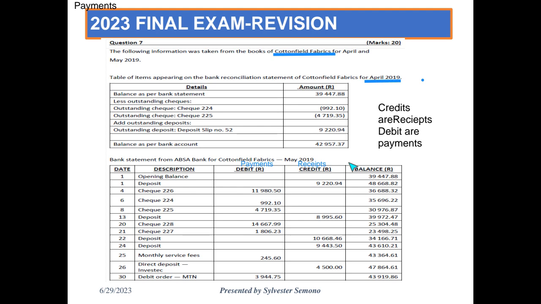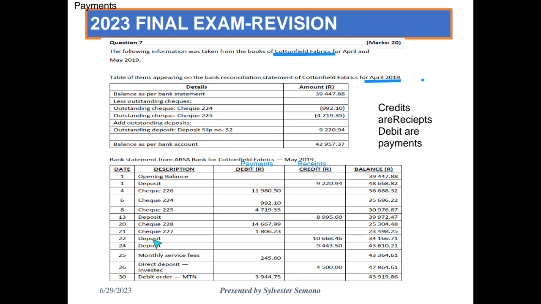Firstly, we need to go and check the bank statement for any possible information that must go to the cash payments and the cash receipts. If you check here, there's a description column on the bank statement. Remember, if you see something like a deposit or a check, you don't have to worry about it. You must only look for things which are not checks, not deposits, things which are very specific. Who can tell me what you see as something that I must record first?